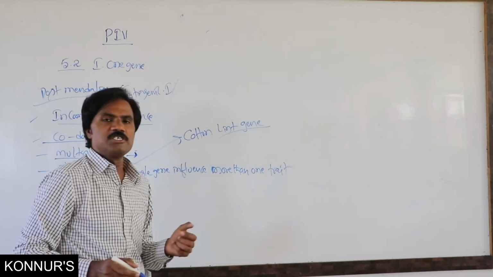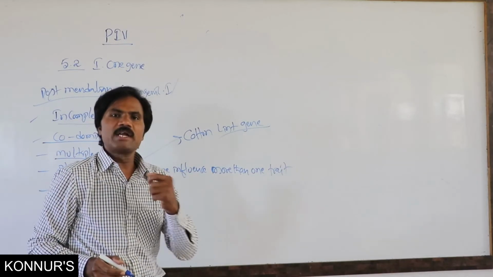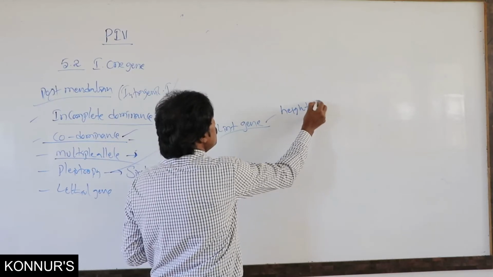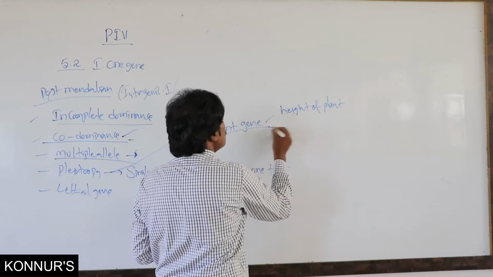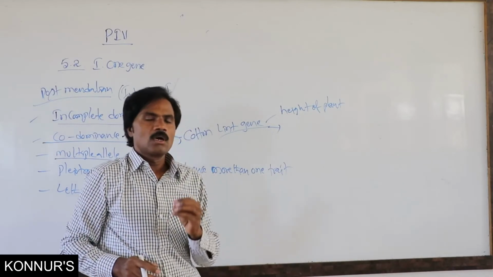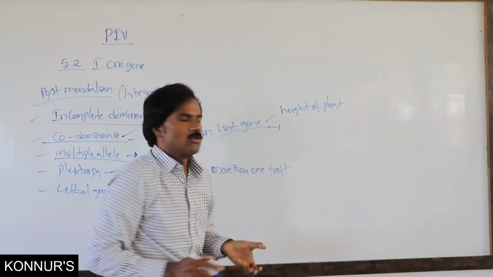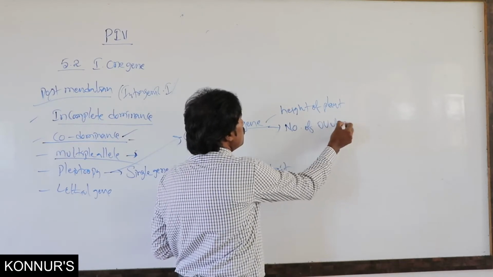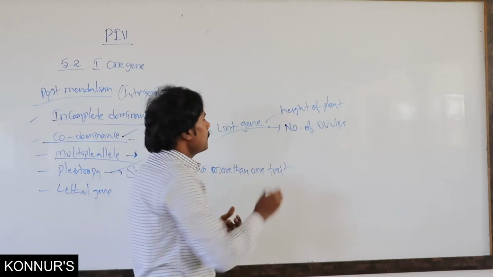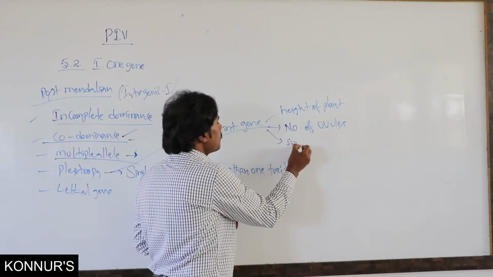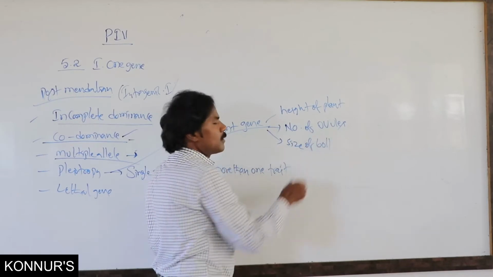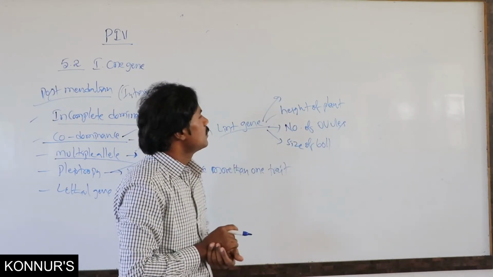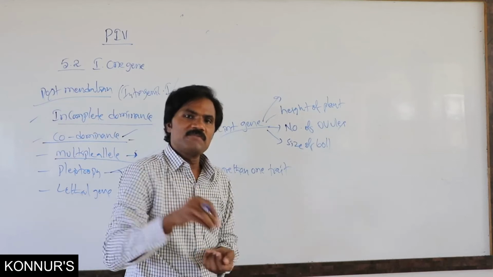It controls height of the plant, as well as number of ovules, size of boll, then viability of seeds.